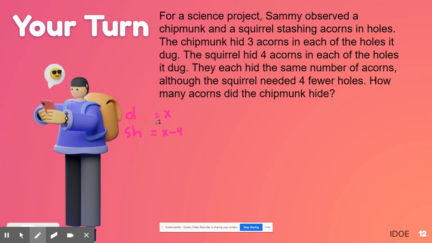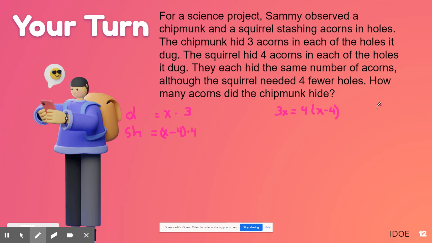Then we know the chipmunk hid 3, and the squirrel hid 4 per hole. So we can set up the equation to where it is 3x, the chipmunk, is equal to 4 times x minus 4. And then we would work this out and figure out what x is.